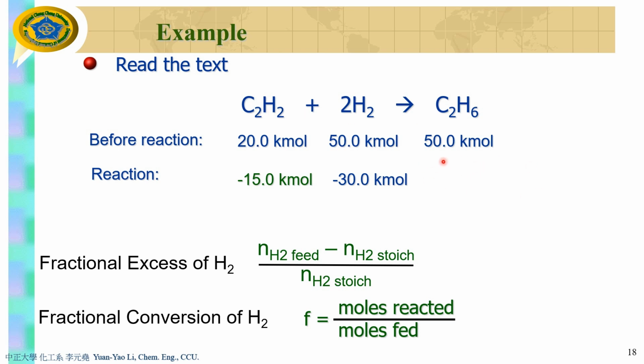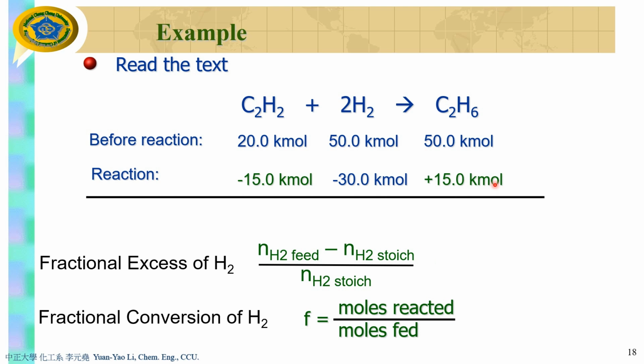And how many C2H6 were generated? 15, right? Okay, this is easy. So as a result, after the reaction you have 5 kilomoles of the C2H2 remaining, and then you have 20 kilomoles of the hydrogen, and then you will have what? Because it is 50 plus 15, that will be 65 kilomoles of the C2H6.